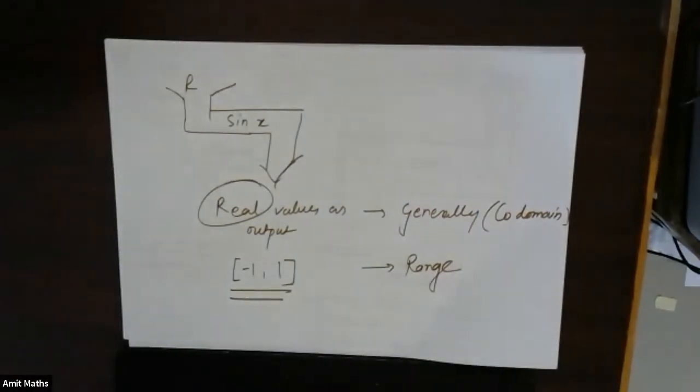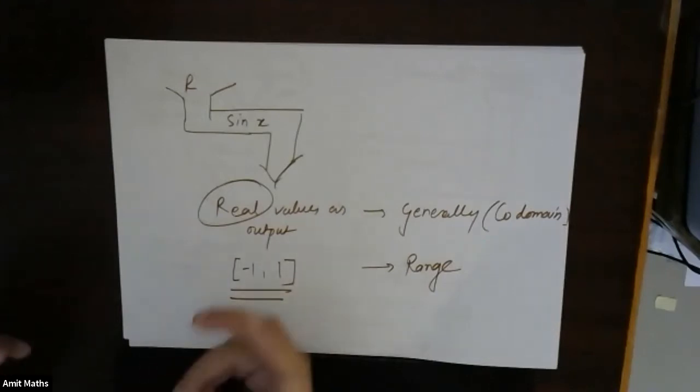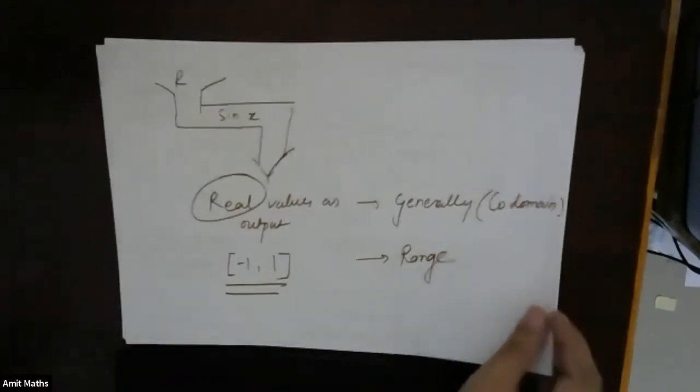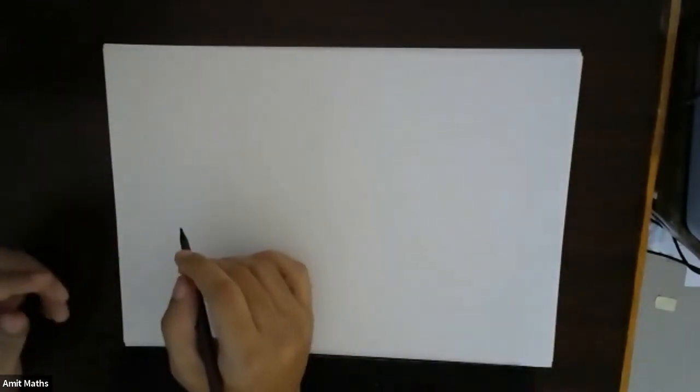Now we will try to find out the very basic methods to find domains of different kinds of functions. First, the most basic forms of function are polynomial functions, linear functions, and so on.